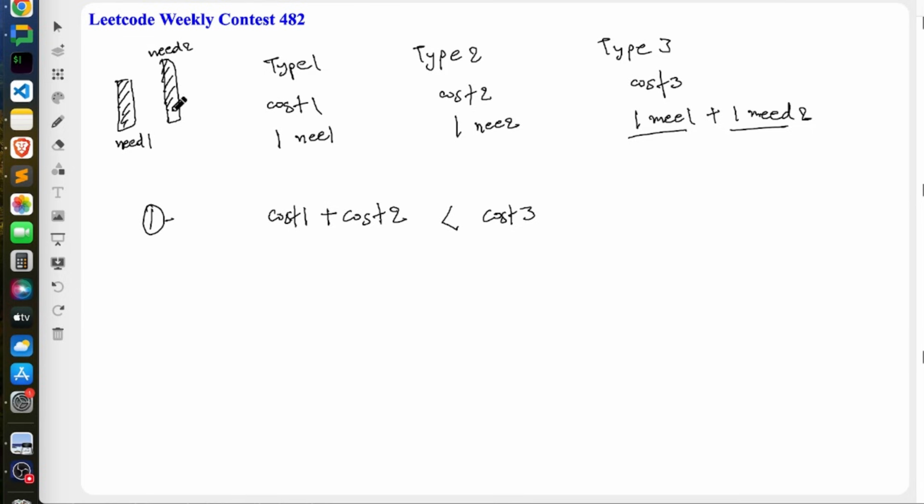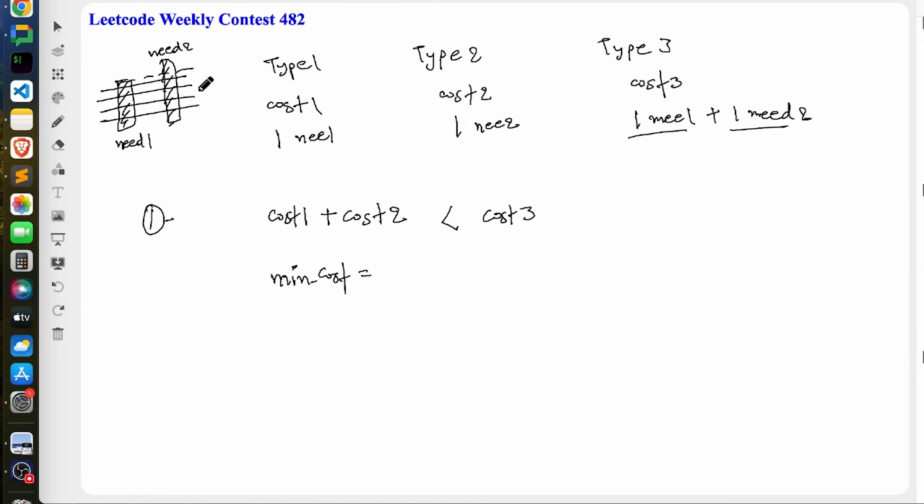Till here, you have to take both. So the value would be the minimum of need 1 and need 2.